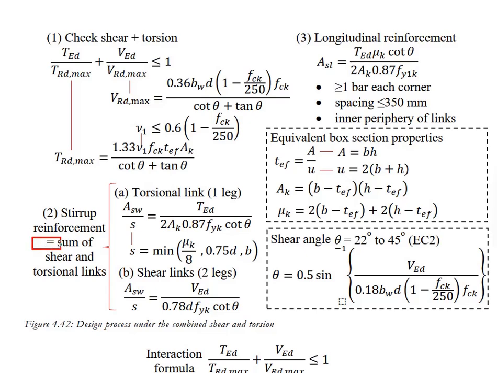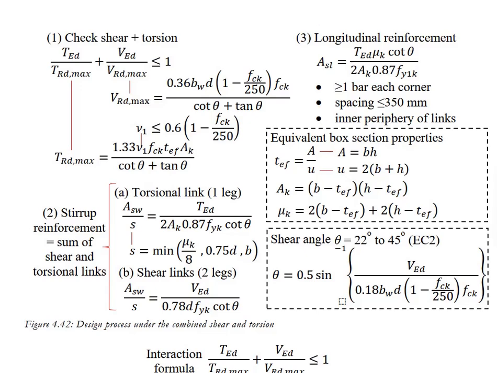So when you do the summation for the link, make sure you address this. Do proper conversion. And then you're going to standardize the spacing, meeting both the requirement for the torsion and the requirement for the shear, and also consider the practical applications.